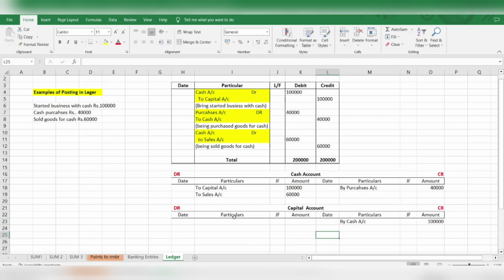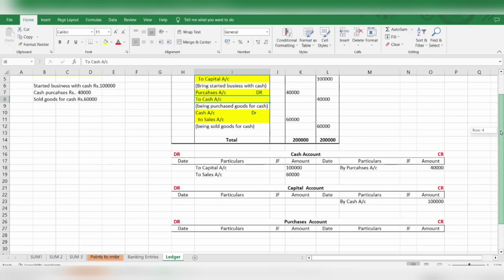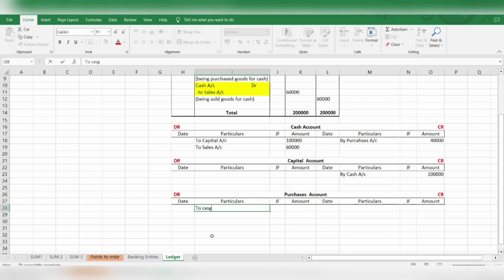Correct? Similarly, purchase account. Our purchase account is debited to cash account for rupees 40,000.